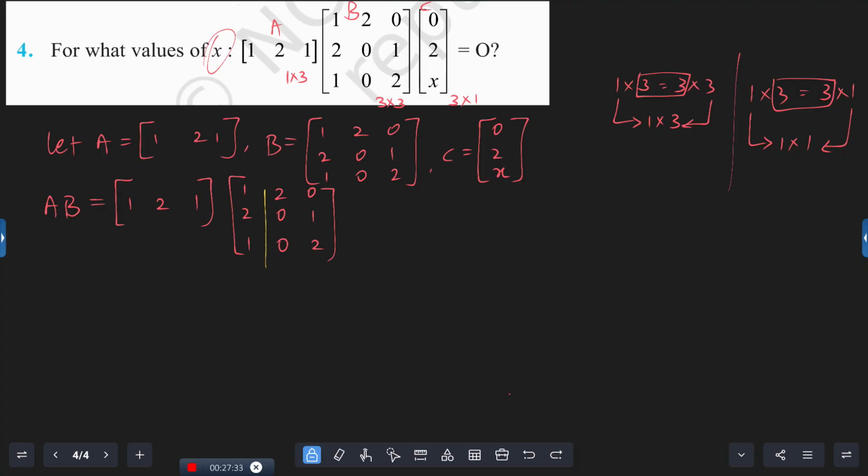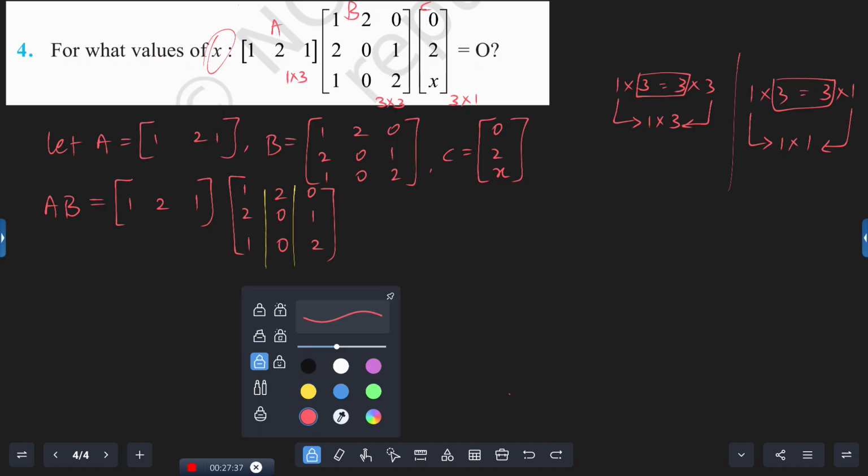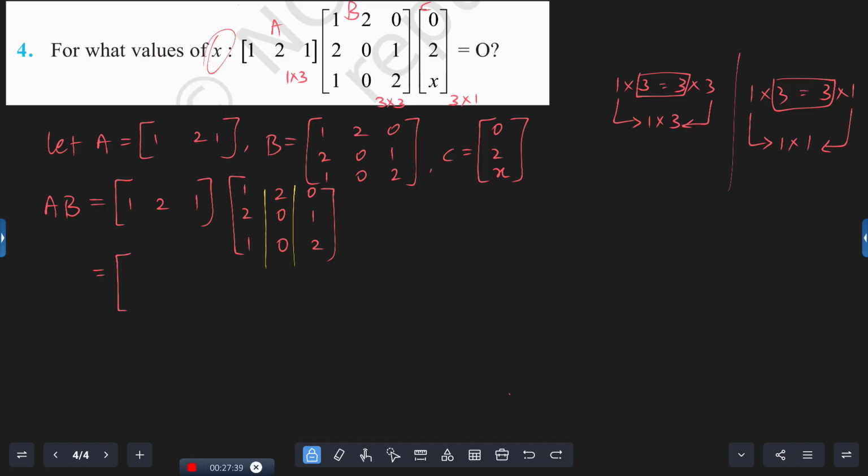Take one row, multiply with the column. First element with the first element: 1 ones are 1, plus second element with the second element, 2 twos are 4, and third element with the third element, 1 ones are 1 again.